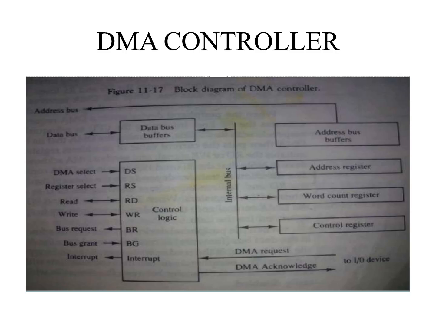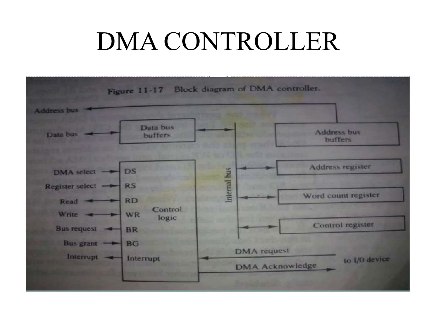DMA controller. A DMA controller can generate memory addresses and initiate memory read or write cycle. It contains several processor registers that can be written or read by the CPU. In this diagram, the DMA controller communicates with CPU through data bus and control lines.